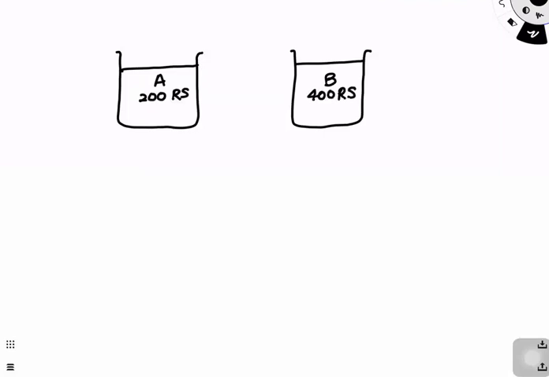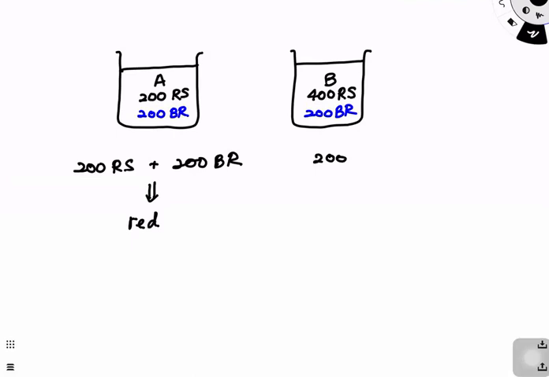If I put 200 Benedict reagent in sample A and 200 Benedict reagent in sample B, with 1-to-1 reactions, the 200 reducing sugar reacts with 200 Benedict reagent and gives us the color, let's say red. In B, I also only have 200 reducing sugar that can react, because the other 200 have nothing to react with. I also will get red.